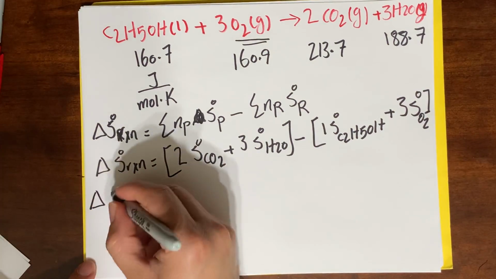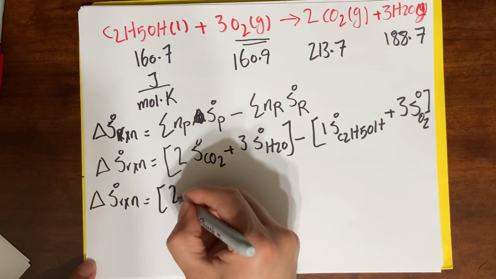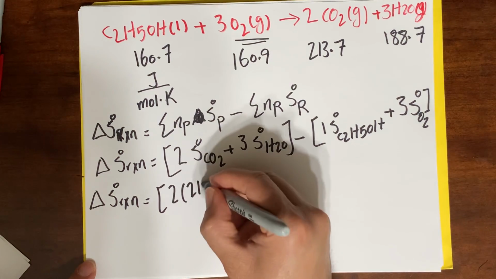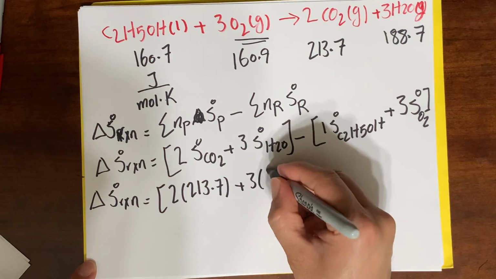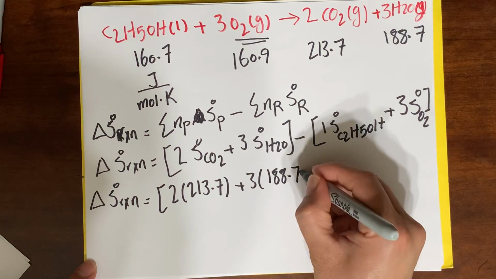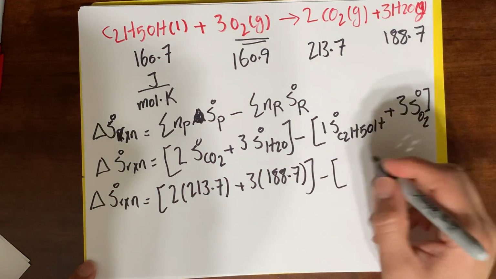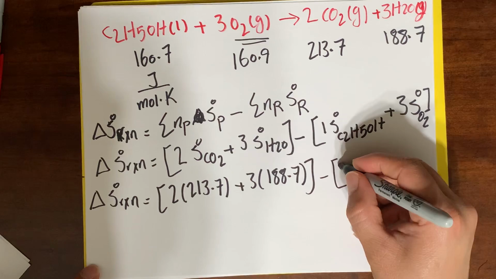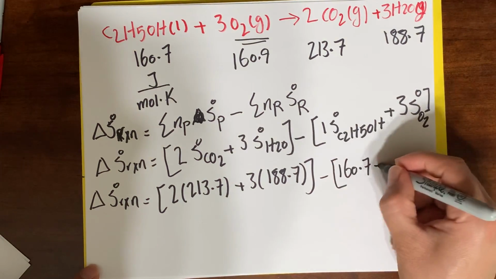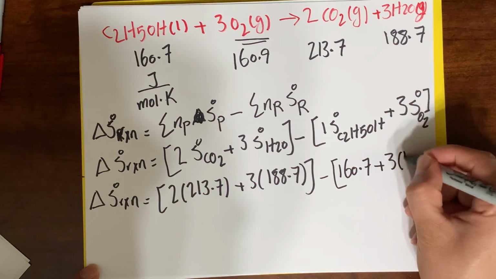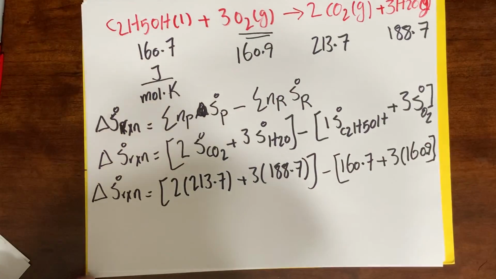So delta S of the reaction will be 2 multiply 213.7 plus 3 multiply 188.7, minus 160.7 multiply 1 plus 3 multiply 160.9, and I will close it.